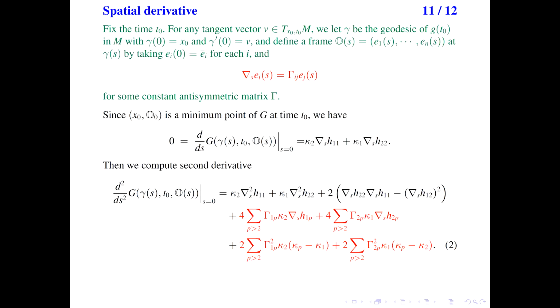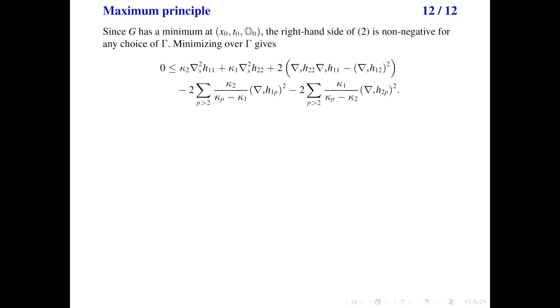Because the matrix gamma is an arbitrary antisymmetric matrix, we can minimize the right-hand side of this equation and obtain this inequality. This inequality is an inequality for the second derivative of h_11 and h_22.